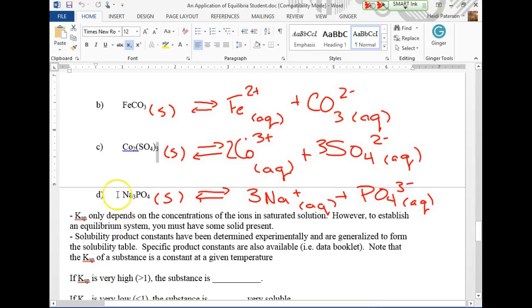Here, Na3PO4, I have 3 sodium, so I must indicate that in the dissociation. Why? Well, what's your next step going to be after you write out this dissociation?